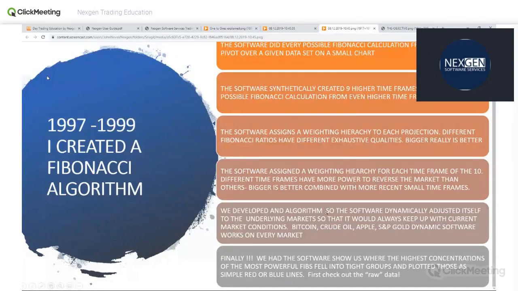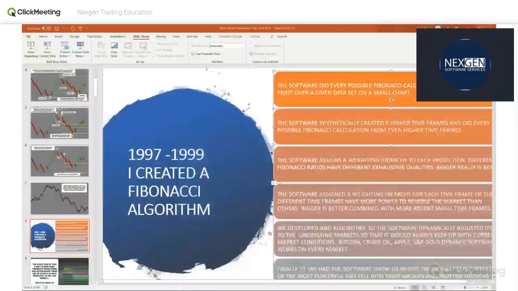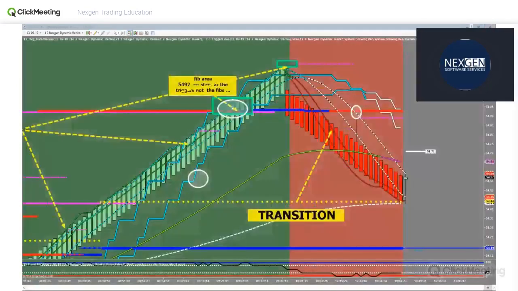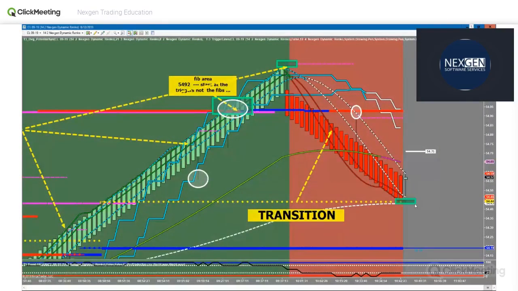So again, what our software does is it combines all of the thousands of time frames and projections and fibs together, always stays current. Every 4 hours it updates, and it always does the same analysis the exact same way every single day. And because it does the same analysis the same way every day, it's very, very consistent.